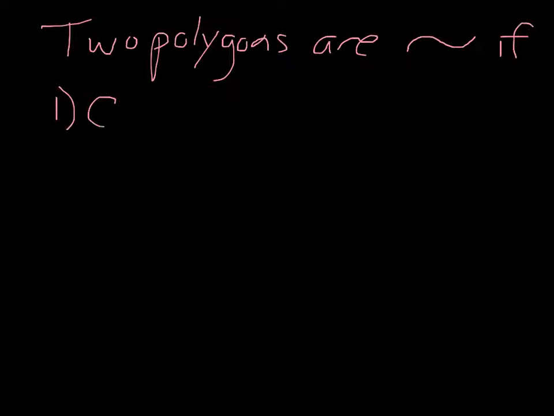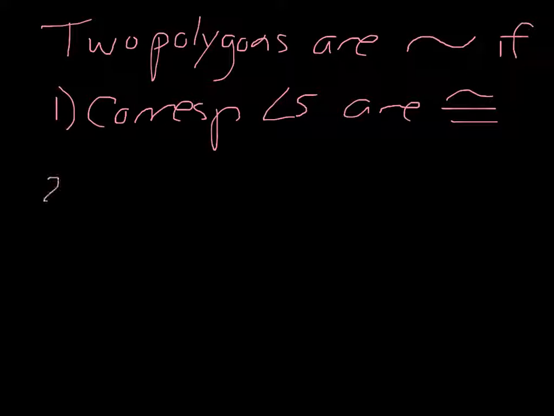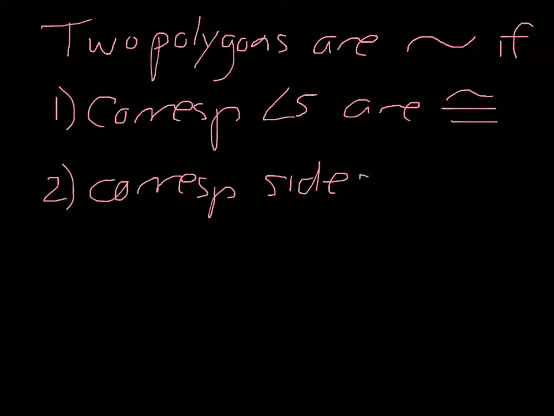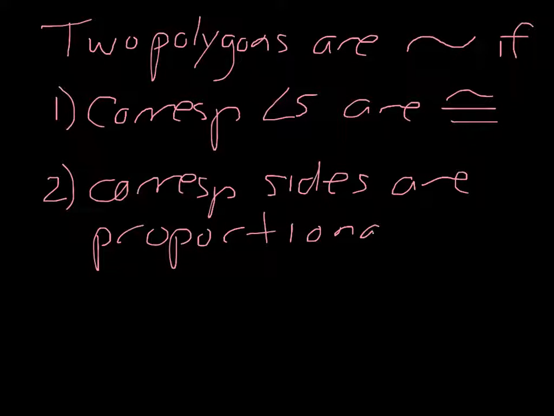Condition 1, corresponding angles are congruent, and 2, corresponding sides are proportional. So two polygons are similar if their corresponding angles are congruent and their corresponding sides are proportional.